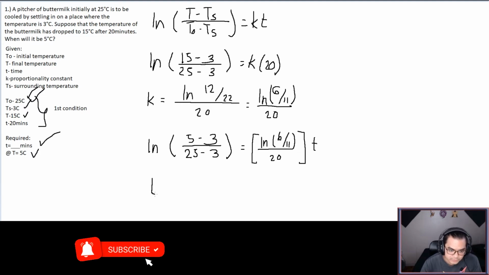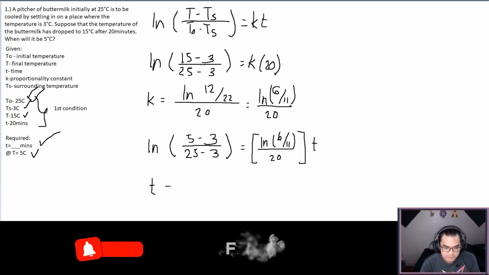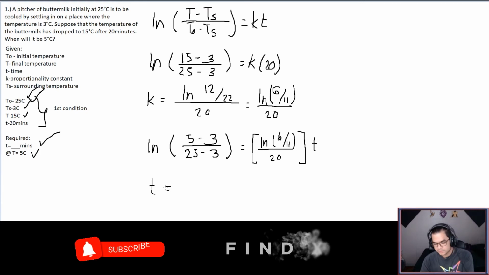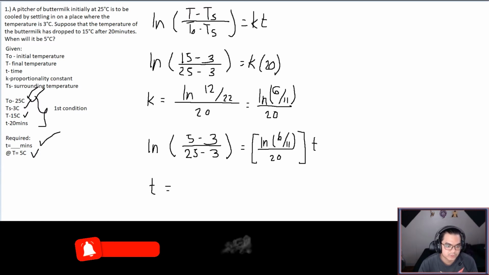So finding the value of t, let's try this out in our calculator. Let me simplify this one again.